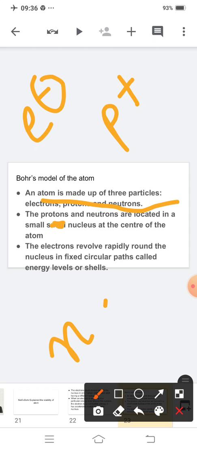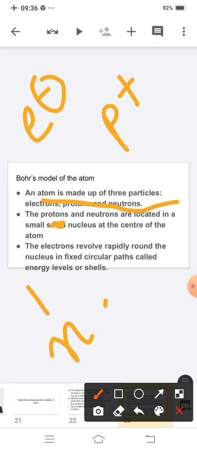The electrons revolve rapidly around the nucleus in a circular path called energy levels or shells. Now, these energy level shells are represented in two ways.